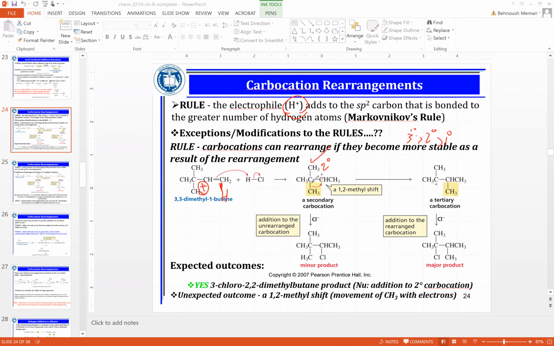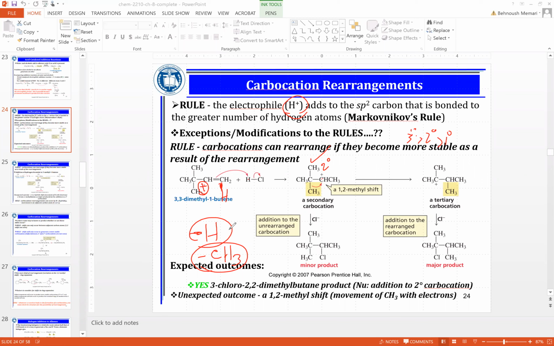And the chances you have for rearrangement would be based on a methyl shift or hydride shift. Hydride shift is easier because when you do a hydride shift, you're only taking a hydrogen with 2 electrons. When you do a methyl shift, you have to take the CH3 group, and a hydride is smaller than the methyl.